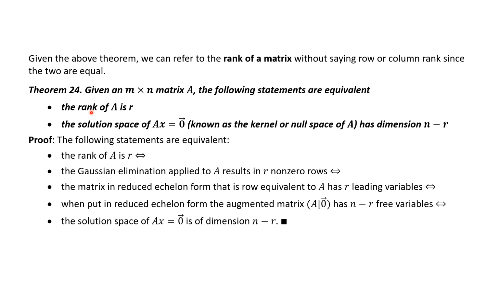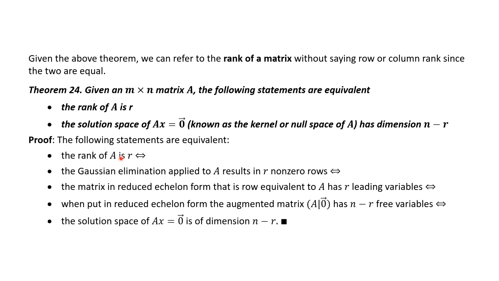If the rank of A is R, then the solution space of AX equals 0, which is known as the kernel or the null space of A, has dimension n minus R. So we have the proof of this. It's basically a series of equivalent statements starting from this first one here and then ending with the second. So basically showing this is equivalent to this.